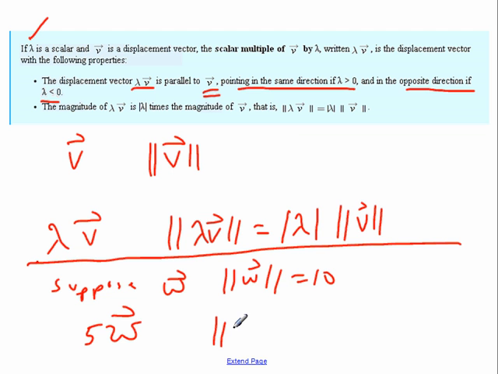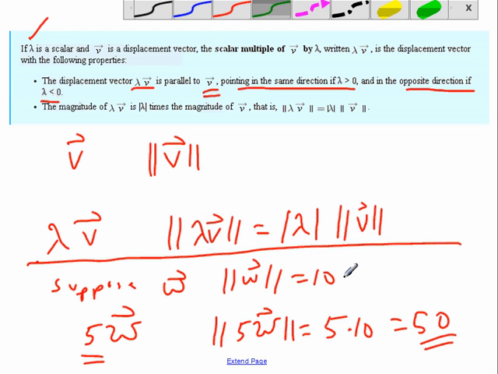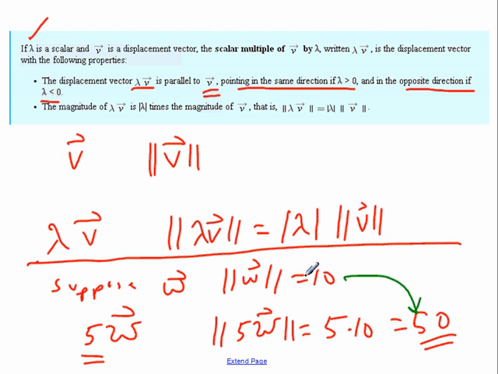Then the magnitude of 5 times our vector w will equal 5 times 10, which is 50. This should seem sort of simple. You multiply a vector by some number, and its magnitude increases by the same scale, from 10 to 50, being multiplied by 5.